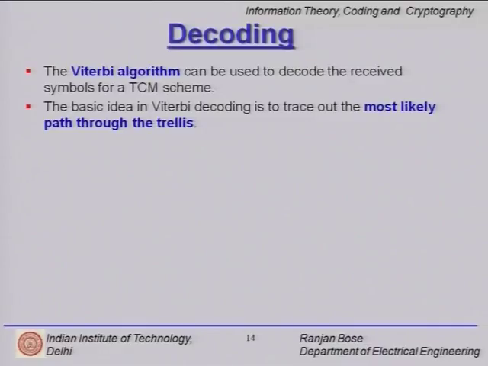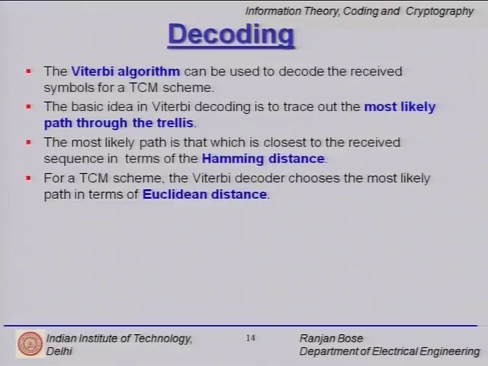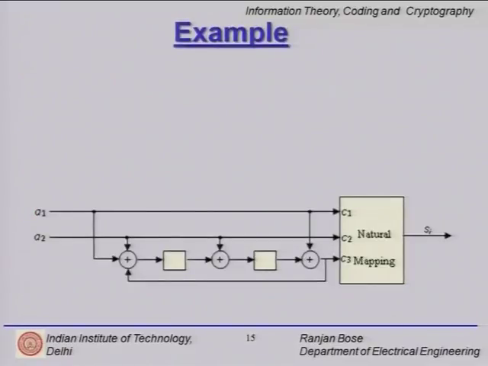It looks for the most likely path through the trellis, but this time instead of finding the most likely path closest to the received sequence in terms of Hamming distance, we should be using the Euclidean distance for TCM. The performance of the decoding algorithm depends on the minimum Euclidean distance between the pairs of paths forming an error event. What is an error event? First, the paths diverge and then they merge back.